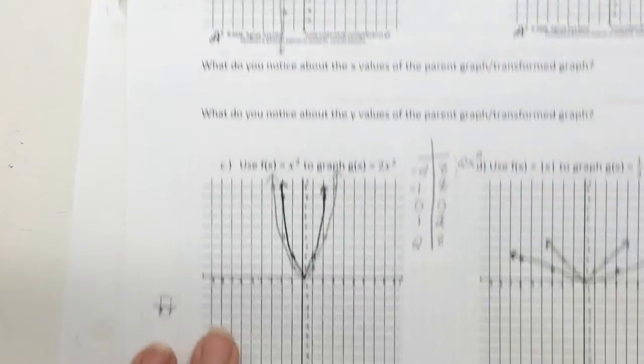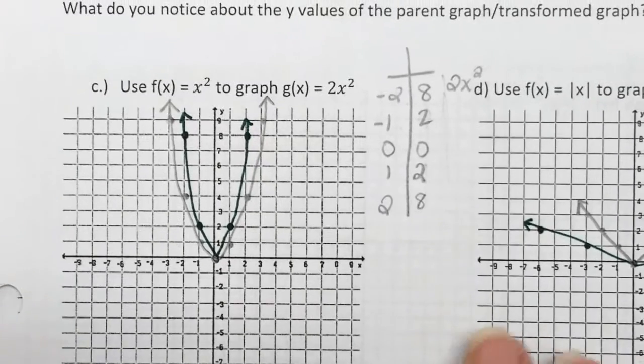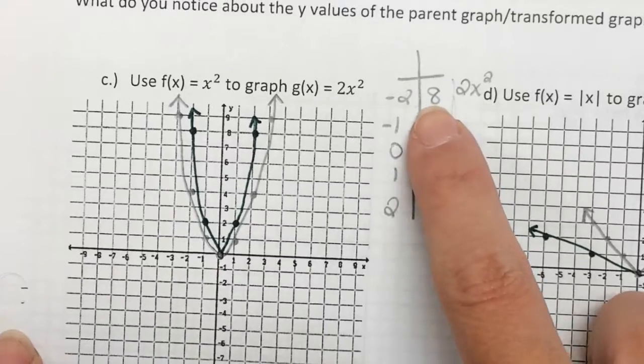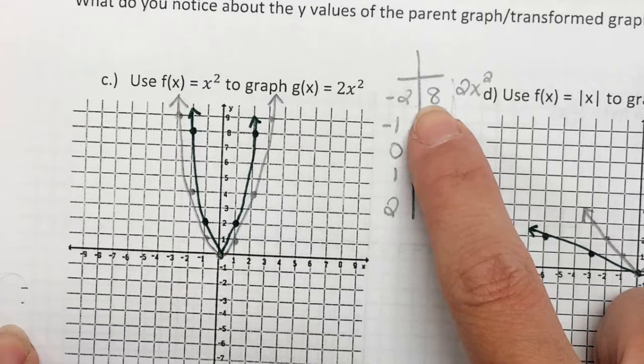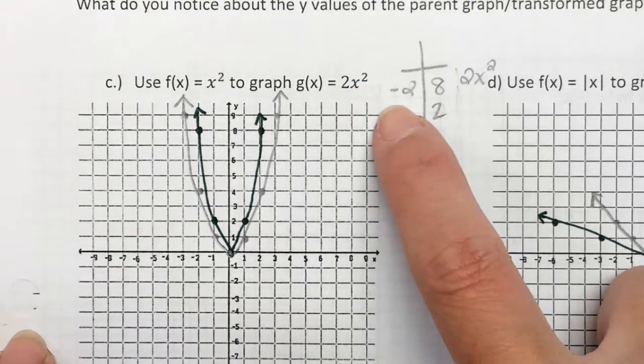On this one, this person made a table for their next graph. Notice you have to leave the same x values. And how did they get the y values? How did you get 8? Plugged it into which one? Good.